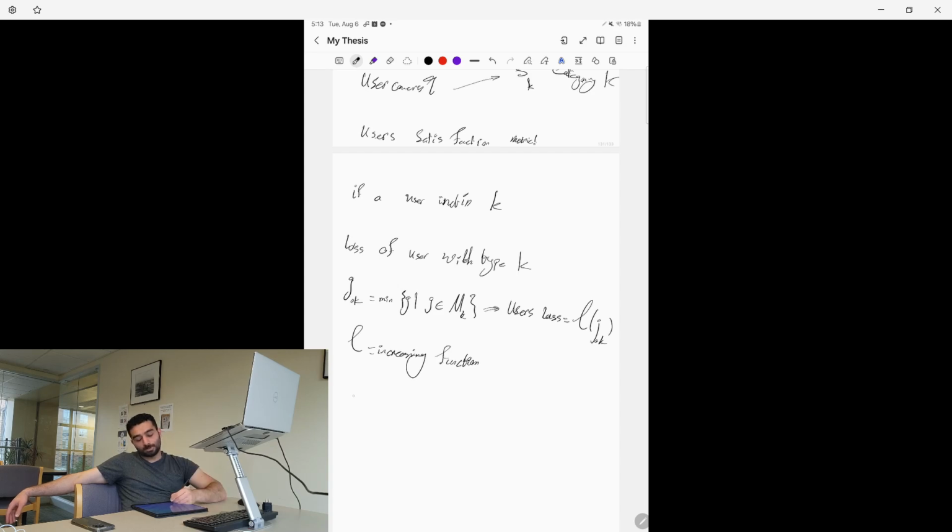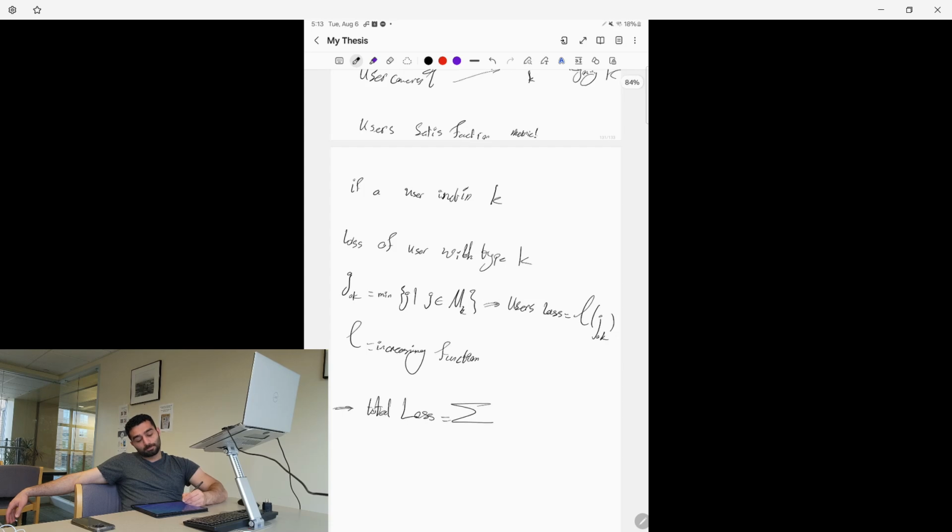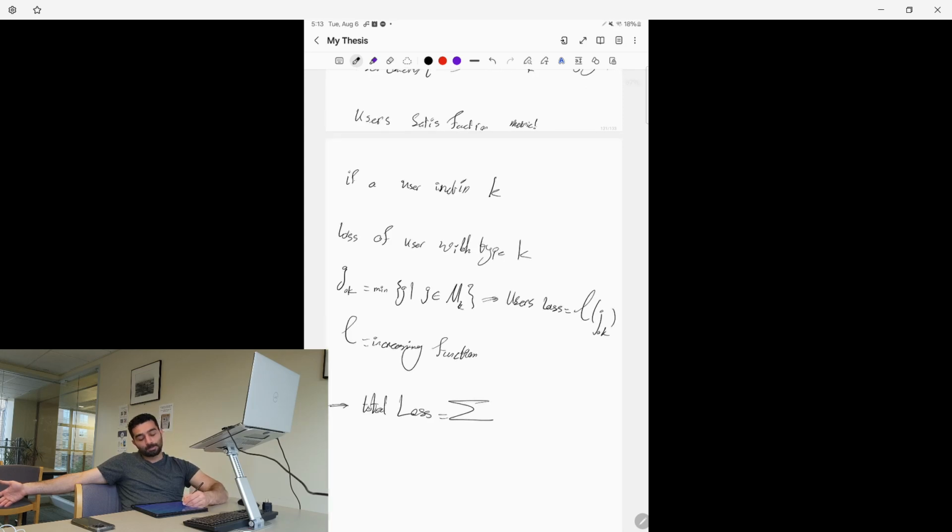Then the total loss will be the sum, for each user we have. Well, we can say the propensity as well.